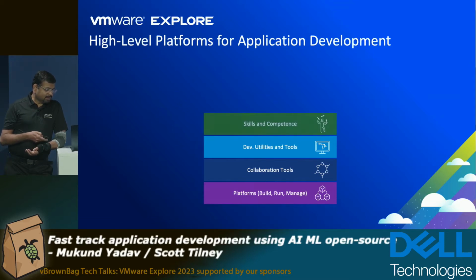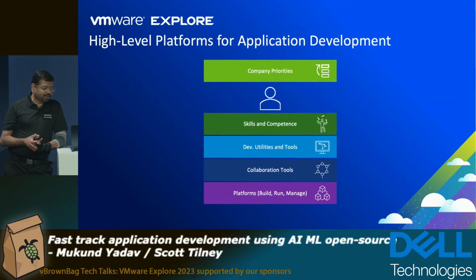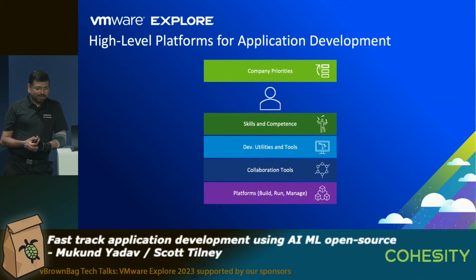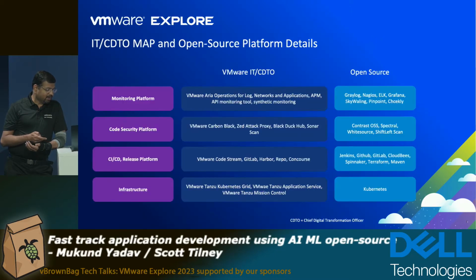The next two things are soft skills of a developer, which we will not be discussing in this topic, and also the main driving factor for any application development, which is the company priorities. Unless you have clear company priorities, it is very difficult for anybody to start coding and start developing any applications. Okay, so with this, let's look at the platform side.